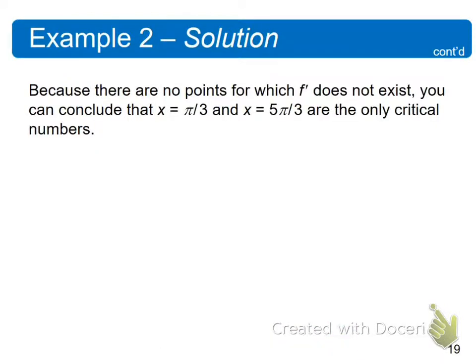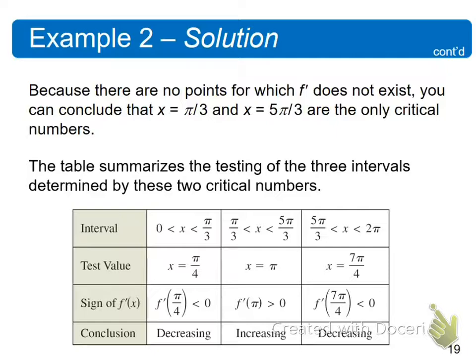Good? So now, here's our table. Now look, they listed the test values here. So put pi over 4 above yours, put pi, and put 7 pi over 4. And all I want to know is the sign. What is f prime of pi over 4? When I plug that in, I get a negative value, which I can conclude that it's decreasing.